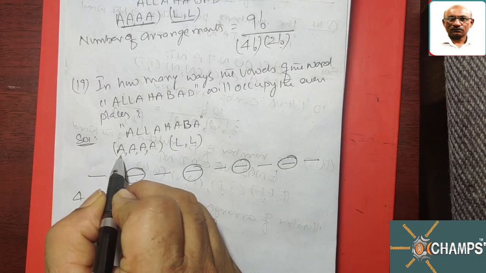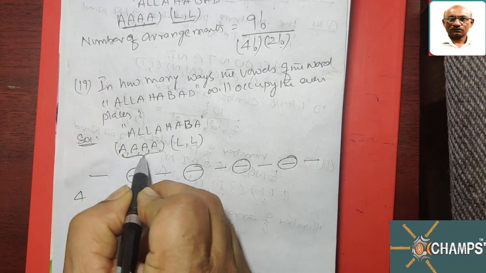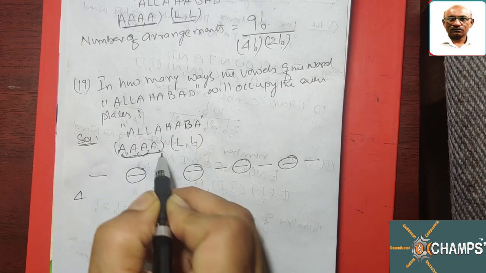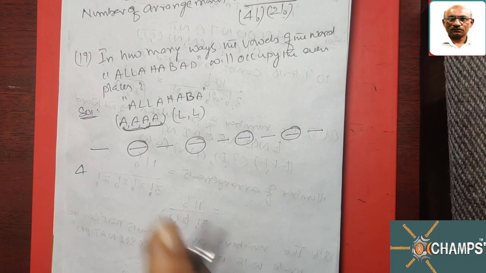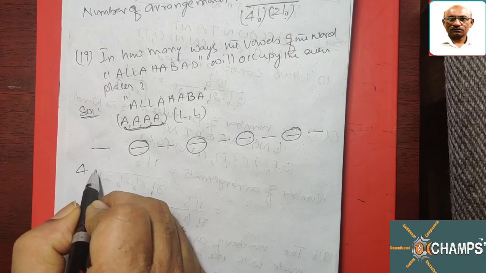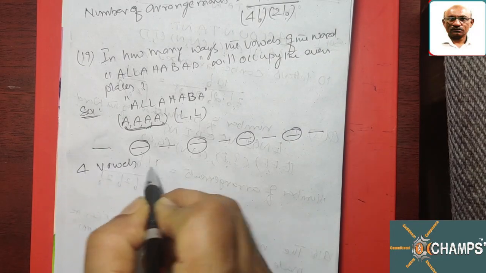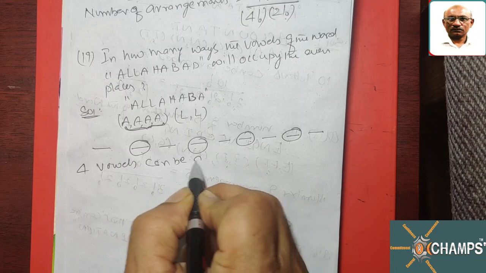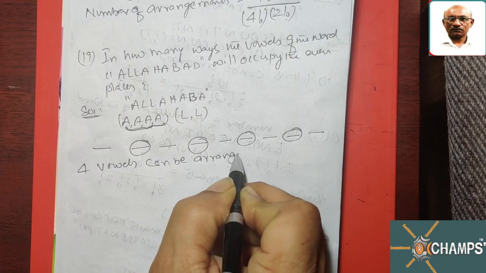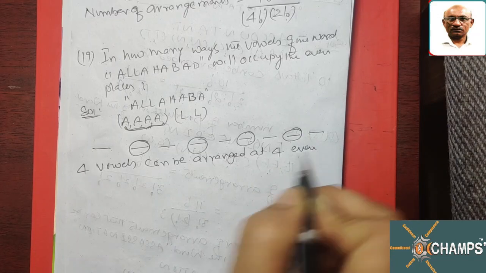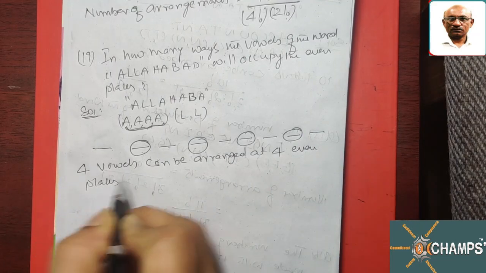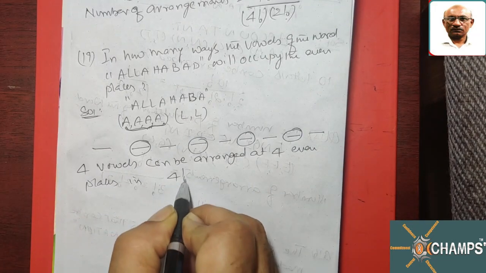If I treat these as 4 distinct vowels, even though there is only one vowel A which is repeated 4 times, if I treat these as distinct vowels, 4 vowels can be arranged at 4 even places in 4 factorial ways.